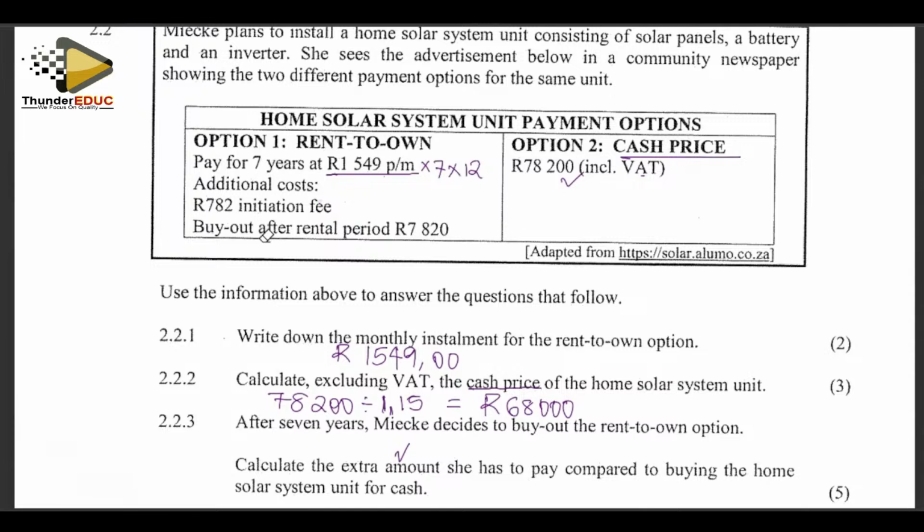All right. So we do that. 1,549 times 7 times 12, you end up having 130,116. This is only the installments, then plus the initiation fee, then plus the buyout.